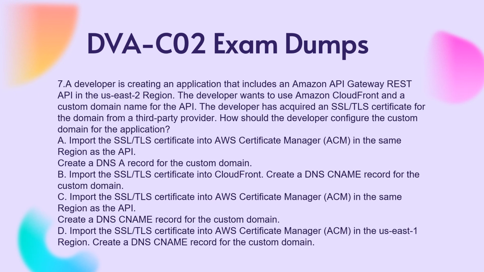C. Import the SSL/TLS certificate into AWS Certificate Manager (ACM) in the same Region as the API. Create a DNS CNAME record for the custom domain. D. Import the SSL/TLS certificate into AWS Certificate Manager (ACM) in the us-east-1 Region. Create a DNS CNAME record for the custom domain.